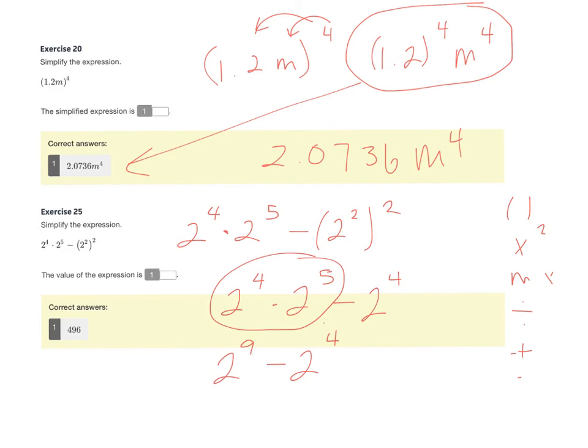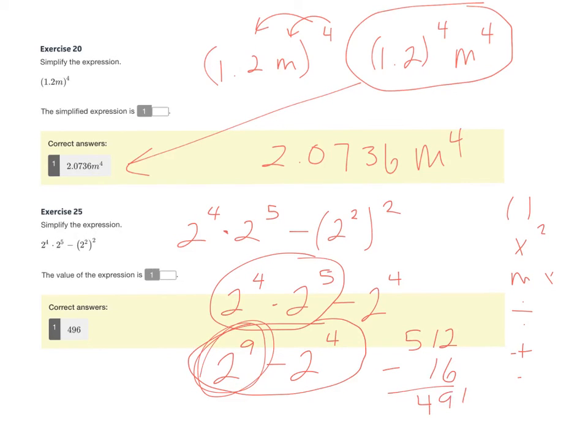Now we don't have a shortcut for this, so what I would suggest is you plug this in your calculator. So I got 2 to the ninth is 512 minus 2 to the fourth, which is 16, gave me 496.